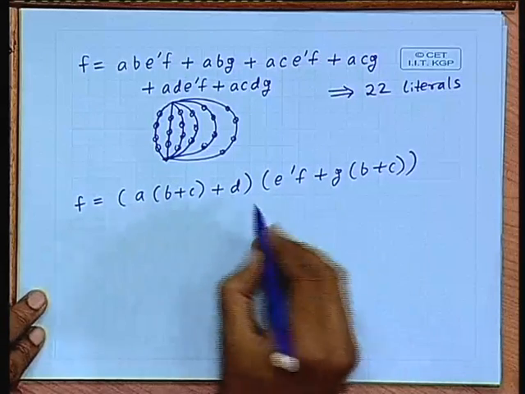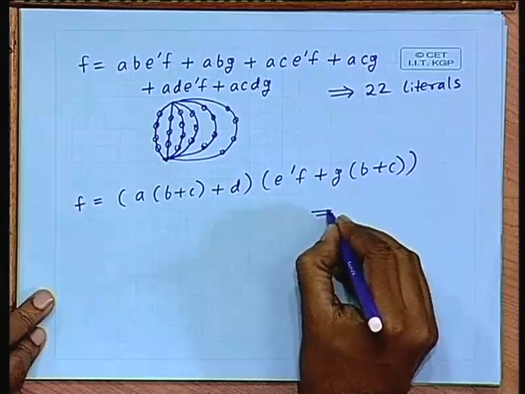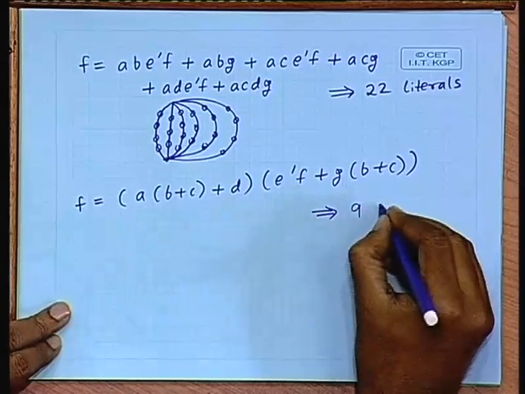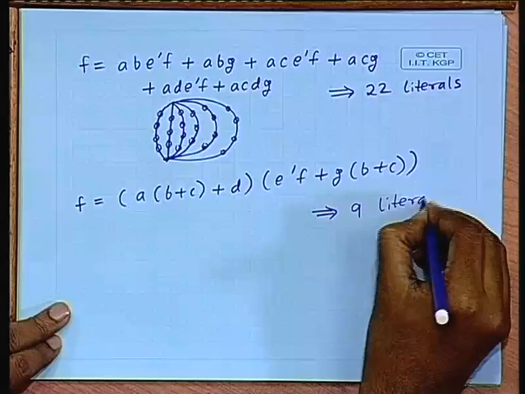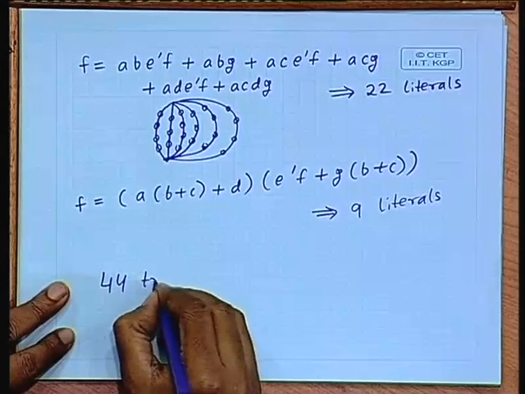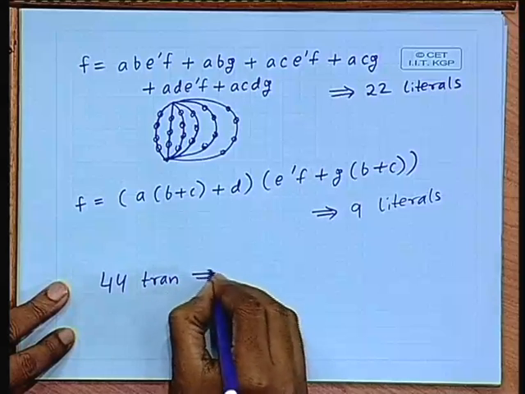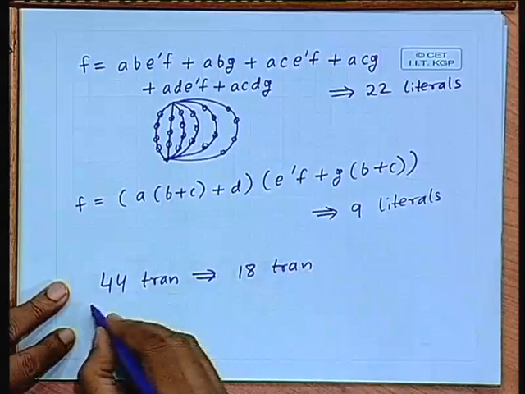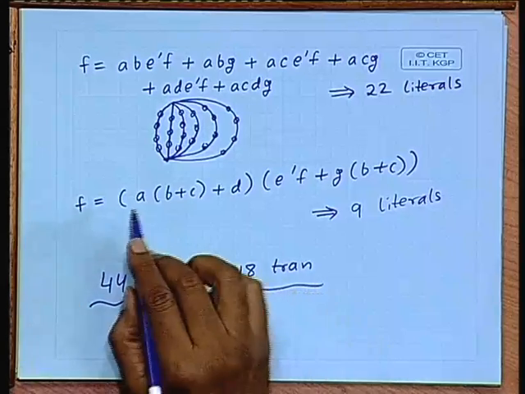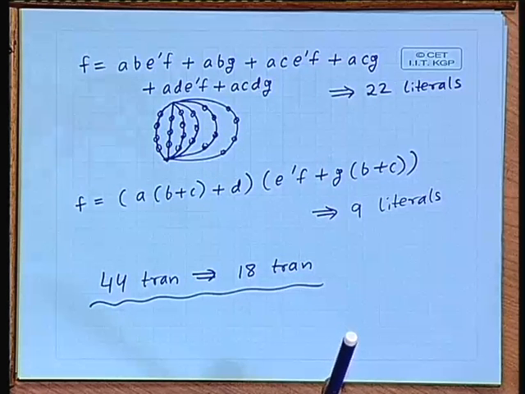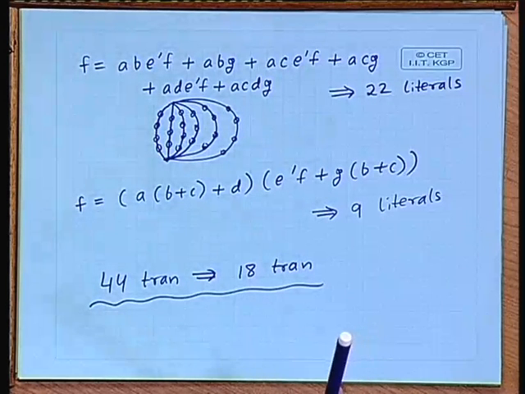And here if you count the number of literals, you have 1, 2, 3, 4, 5, 6, 7, 8, 9, only 9 literals. Now in terms of the implementation, you have gone down from 44 transistors to 18 transistors, and this is a significant saving. So simply factoring the equations alone will lead to a great saving in terms of the number of transistors.